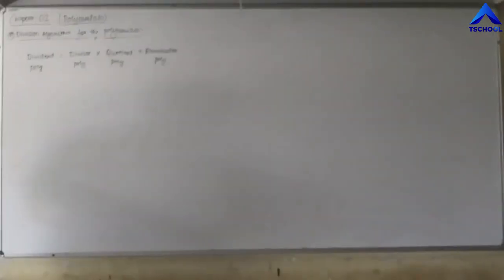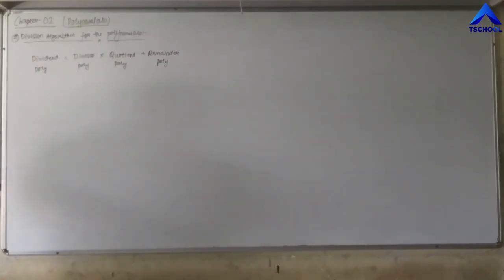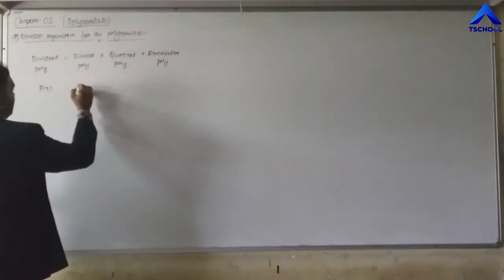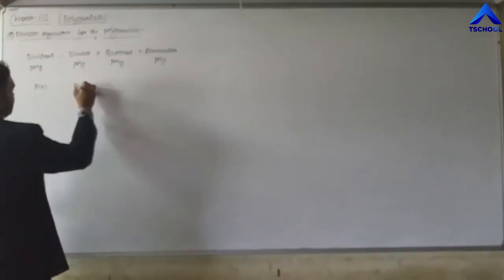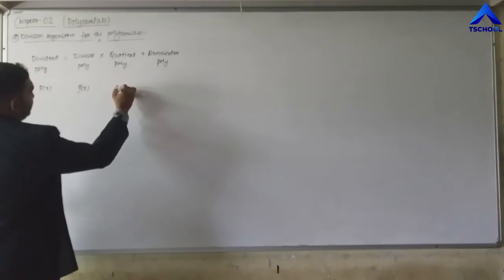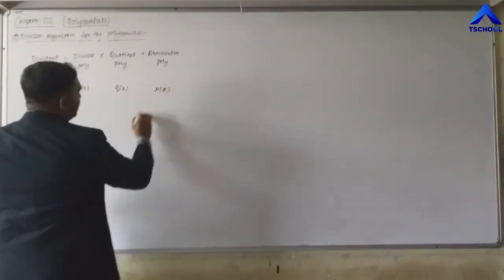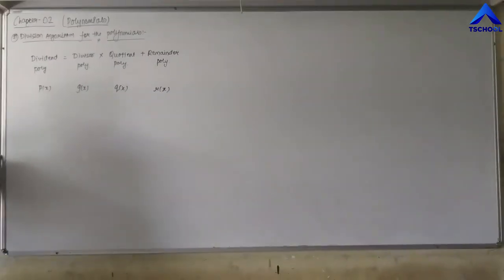Good. Now let us see. Each and every polynomial has a notation. That means the dividend polynomial is denoted by p of x, the divisor polynomial is denoted by g of x, the quotient polynomial is denoted by q of x, and the remainder polynomial is denoted by r of x.